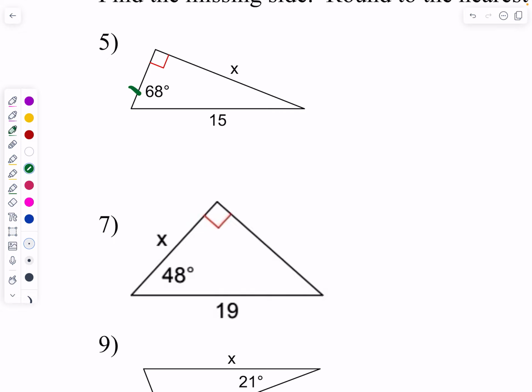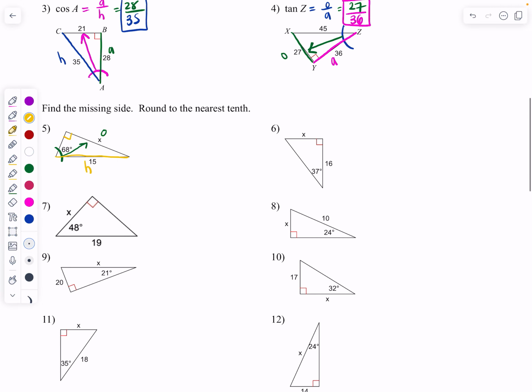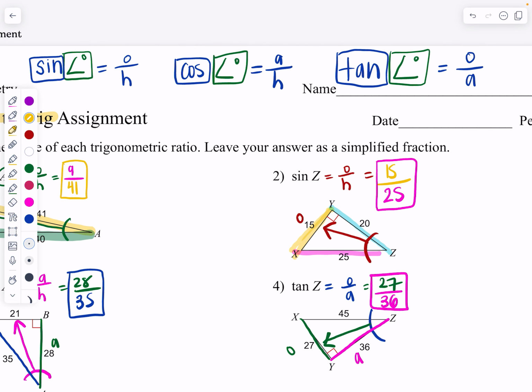So from this 68-degree angle, just like what we did before, would this be sine, cosine, or tangent? Well, from 68, I have an opposite listed. The 15 is the hypotenuse. That's the longest side. It lies opposite the right angle. And so what goes with opposite and hypotenuse, O and H? Of these three at the top, the one that goes with opposite and hypotenuse is sine.